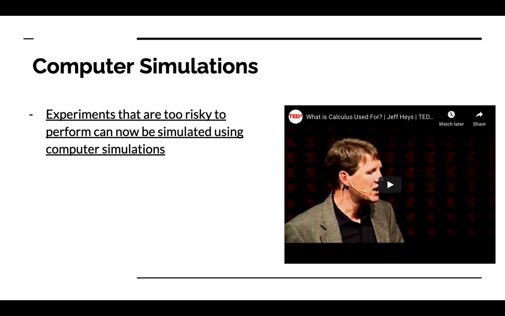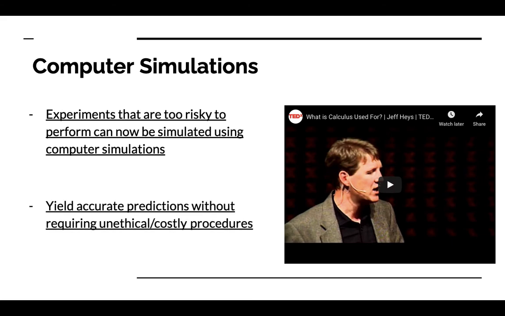So we can't just go test chemotherapy out on anybody if we don't know the correct dosage to give them. That can be dangerous. So we can design computer simulations based on calculus and mathematics that showcase what the dosage and the effects would look like for a specific lung size and lung geometry. Okay. So this can lead to very accurate predictions and results without requiring unethical or costly or invasive procedures.